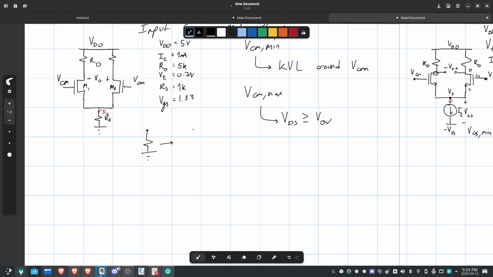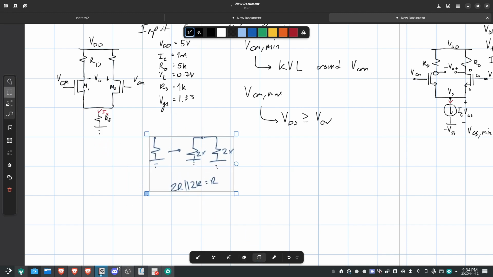We could turn this into two resistors, both having 2 times the resistance. 2R parallel with 2R is equal to just R. So we can cut this out and replace it with 2 resistors on each end here. And now we have this unnecessary node in the middle. We can cut that one out. So now we have successfully split the circuit into 2 individual circuits.